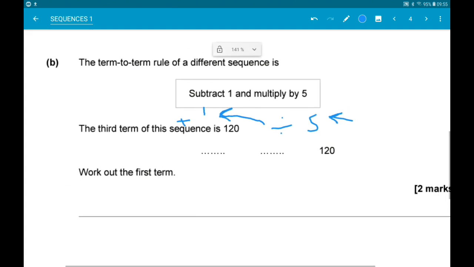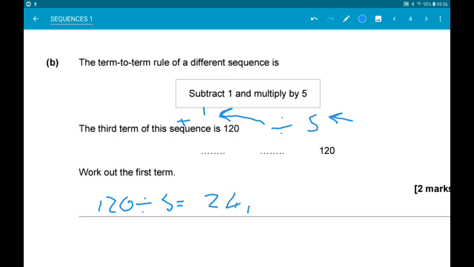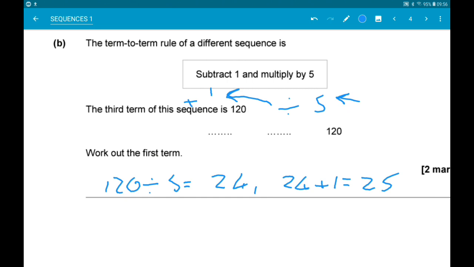So 120 divided by 5 is 24. 24 add 1 is 25. So that's the second term. Then to find the first, we do 25 divided by 5 is 5, and then 5 add 1 is 6.